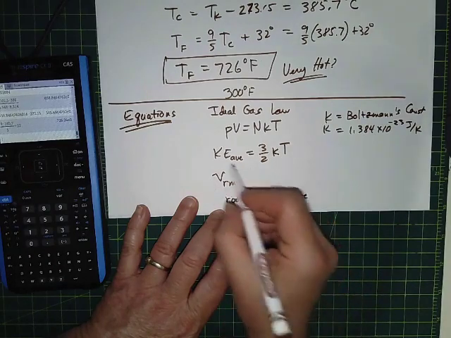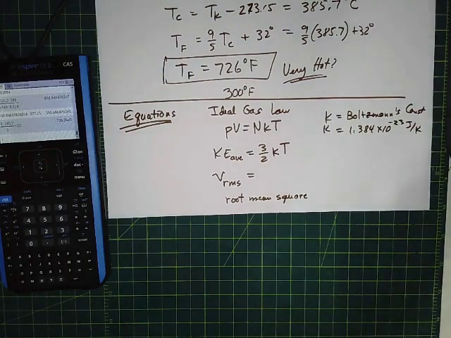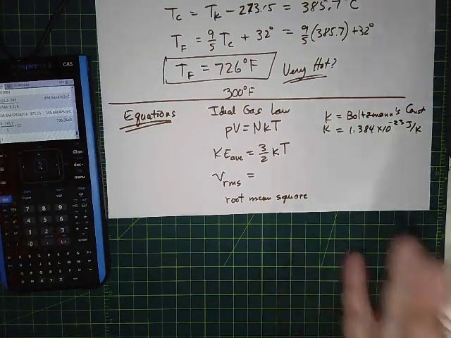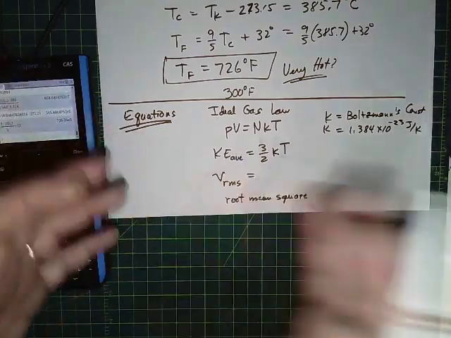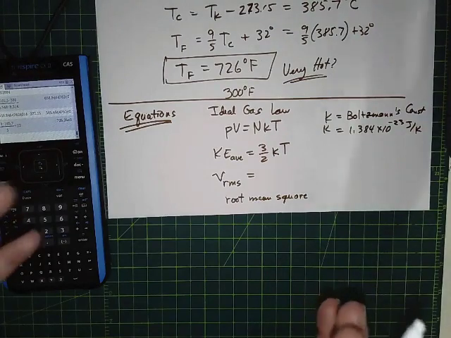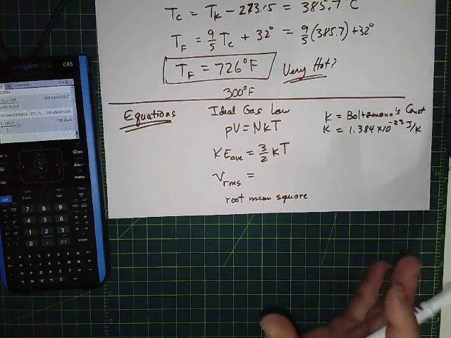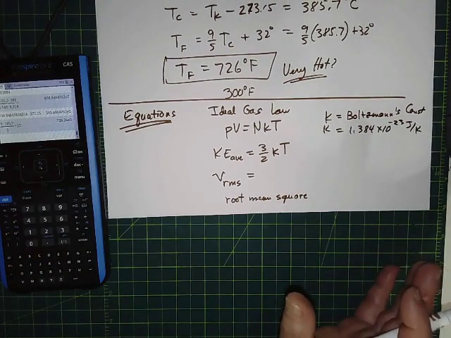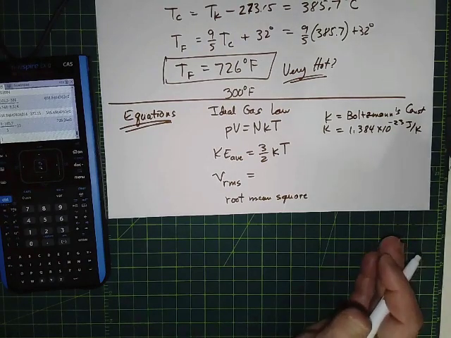We're looking at the velocity of a whole bunch of atoms, so think of a container of atoms bouncing around. Some are going faster than others, some slower. So root mean square is not a straight average, but it's a way of looking at an averaged velocity for a bunch of velocities put together.